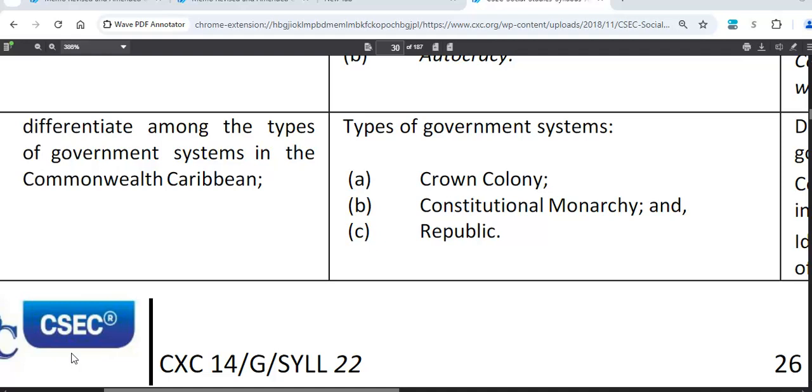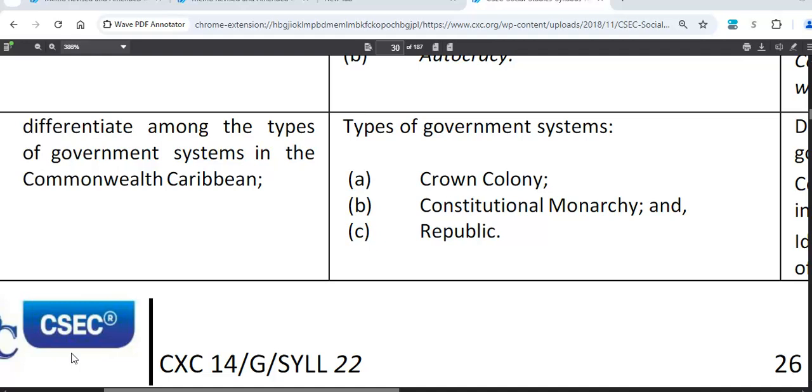Now, in a republic type of government, their leader is referred to as the president. In the Caribbean, Guyana and Trinidad and Tobago have a republic government, meaning that the president of these countries is the head of state.